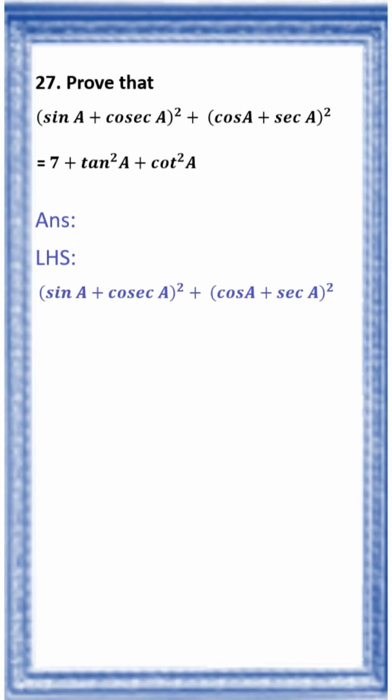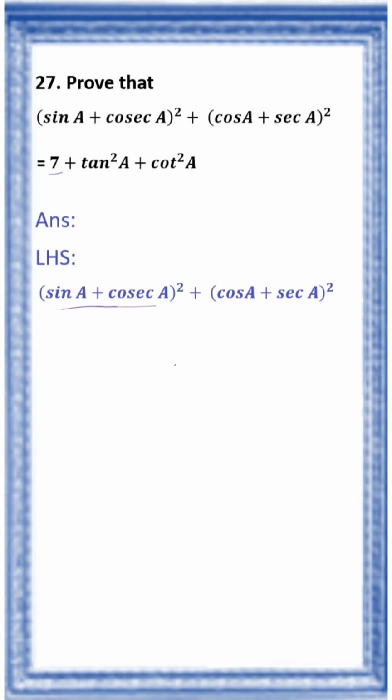Now we should have number 7 and tan square A, cot square A. Here if we observe, we can get tan square A by using secant square A and cot square A by using cosecant square A. In the first step, let us expand these two.